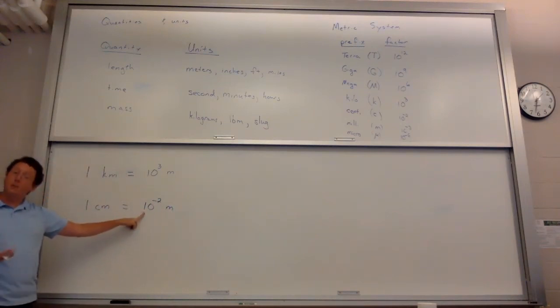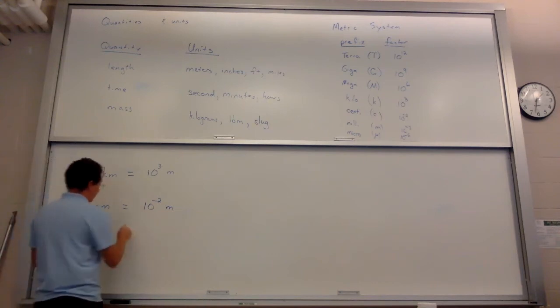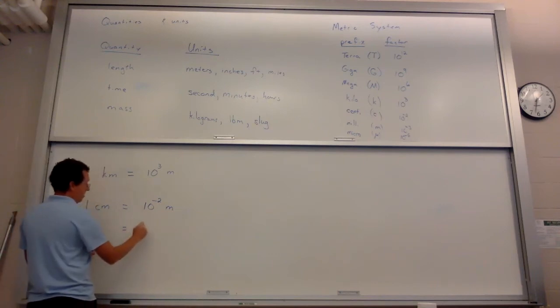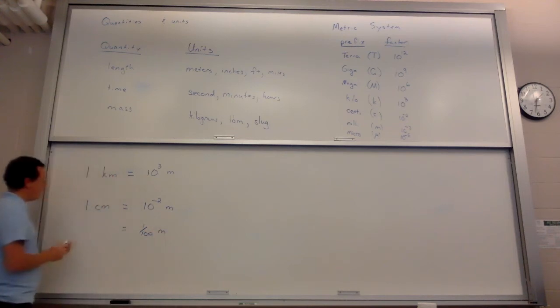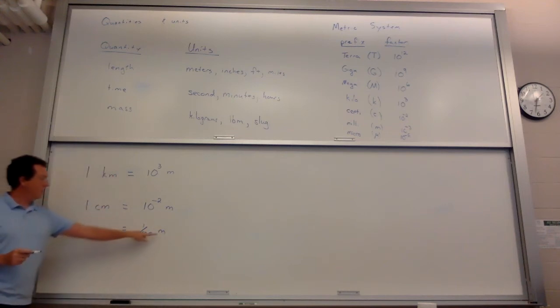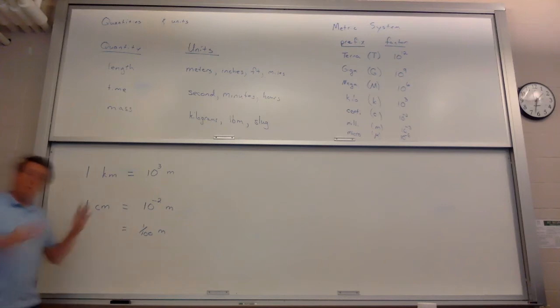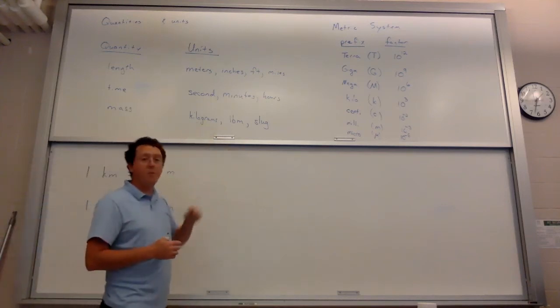And that is 100th. So sometimes people will say that is 1 over 100 meters. 1 centimeter is 100th of a meter, and that's how you can use this list of prefixes.